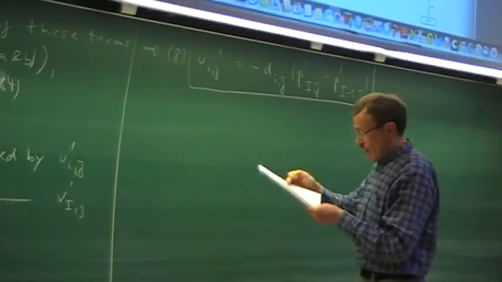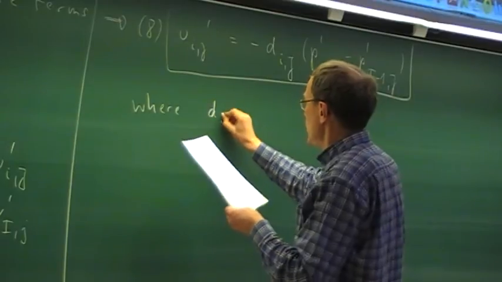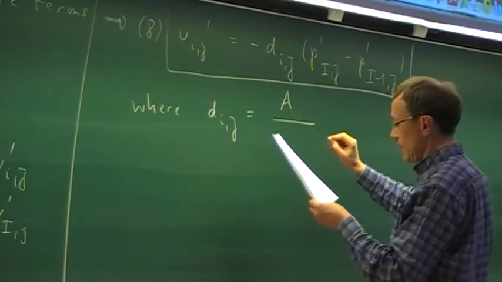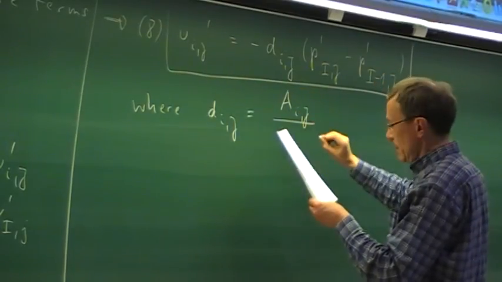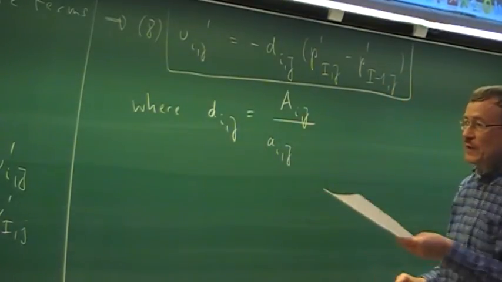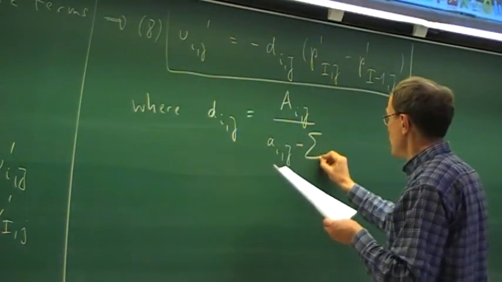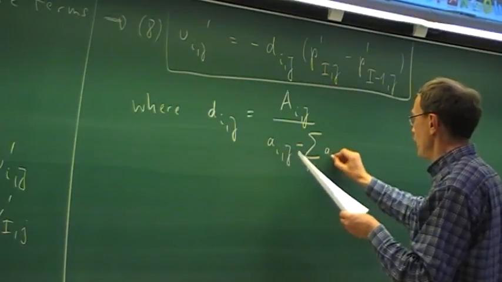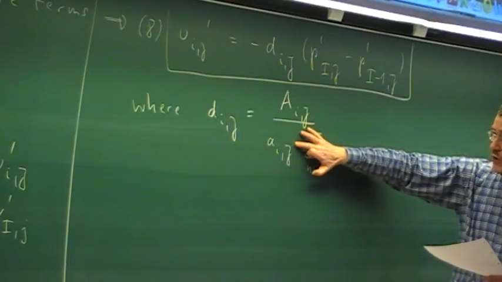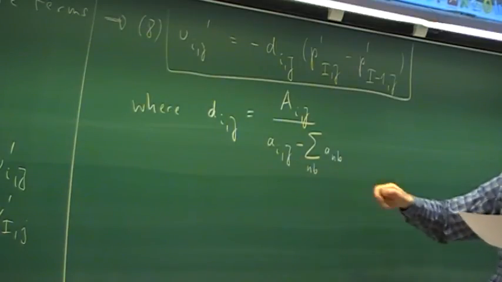The difference is now that the d coefficient is the following. Dij is the area at that face, ij, divided by the center coefficient, and if we do it in this way, we also get the neighboring coefficients, so we get minus the sum over the neighboring coefficients. In the simple, we just had this. So this is now the change, that the d coefficients are changed by this term.